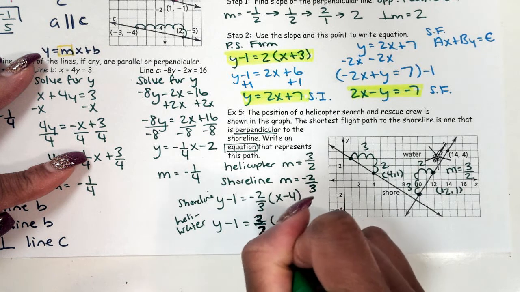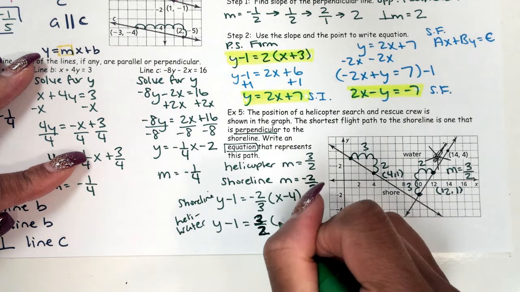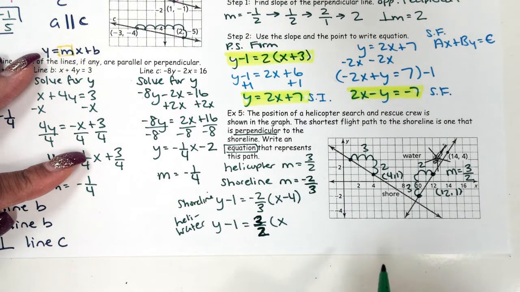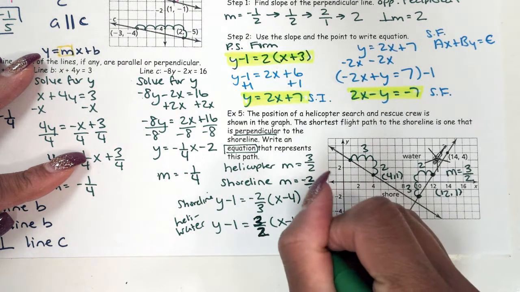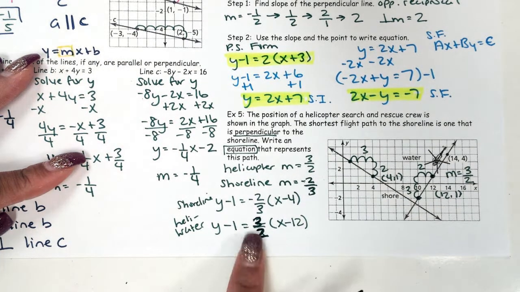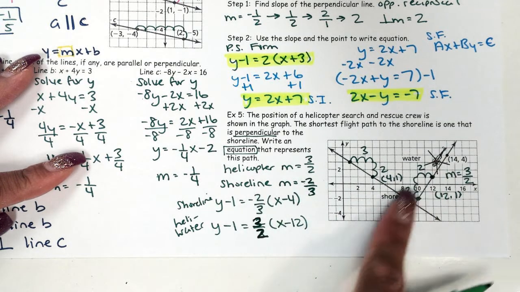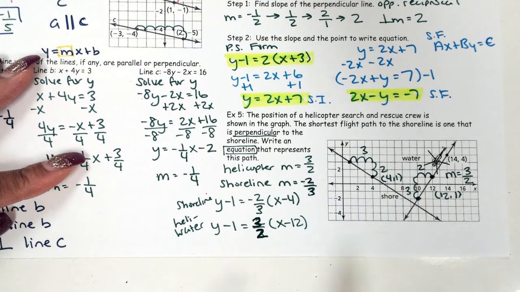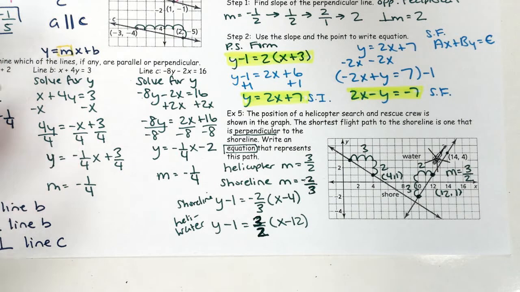Sorry, 2 over 3 was the shoreline, 3 over 2 is the helicopter's slope. Then we have x minus 12. So now we've given both equations, for the helicopter's path and for the shoreline. And that's how you can tell from a graph to find perpendicular slope.